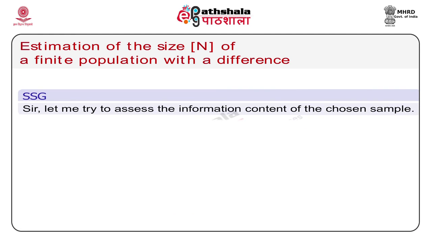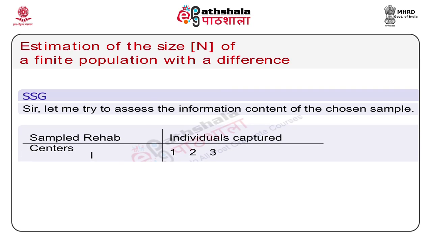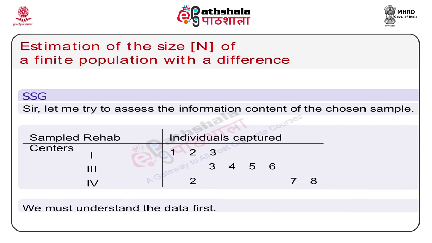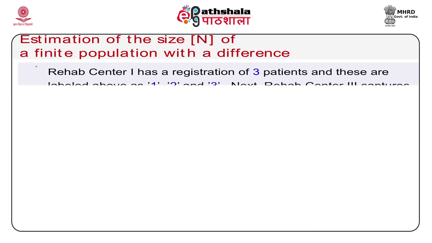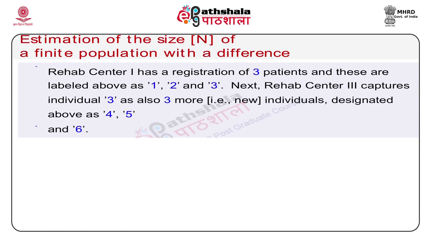So, let me try to assess the information content of the chosen sample. We have 3 sampled rehab centers, 1, 3 and 6. Individuals captured: 1, 2, 3, 3, 4, 5, 6, 2, 7 and 8. We must first understand the data. Rehab Center 1 has a registration of 3 patients, and these are labeled above as 1, 2 and 3. Next, Rehab Center 3 captures individual 3 and also 3 more individuals designated 4, 5 and 6.